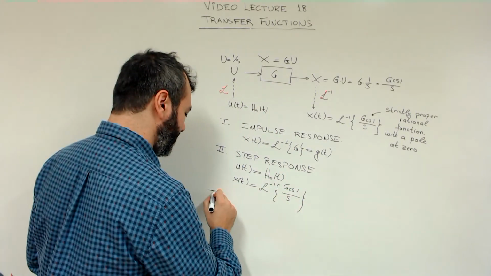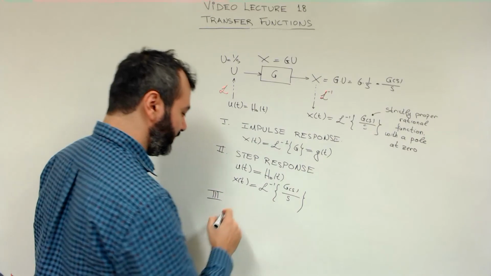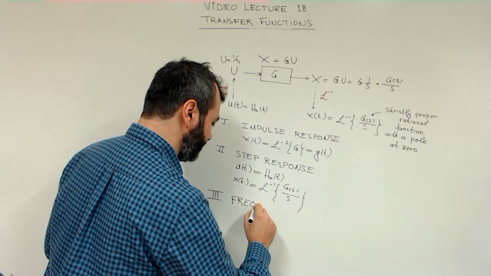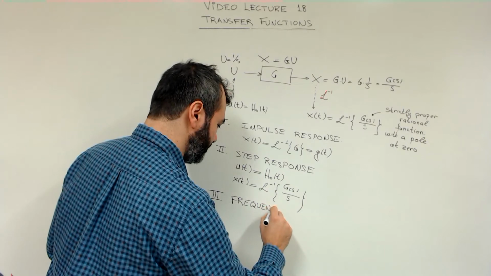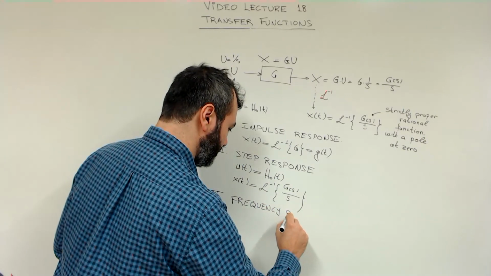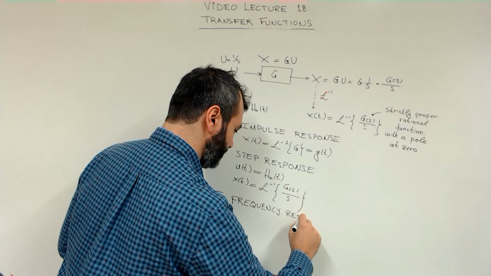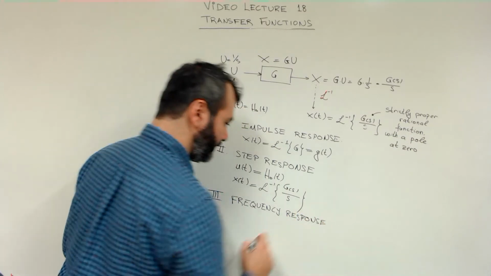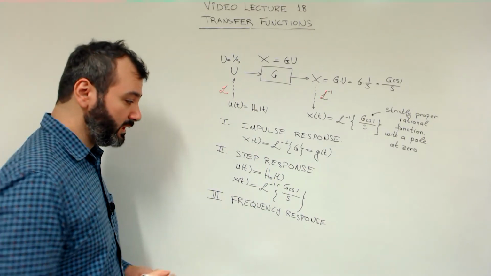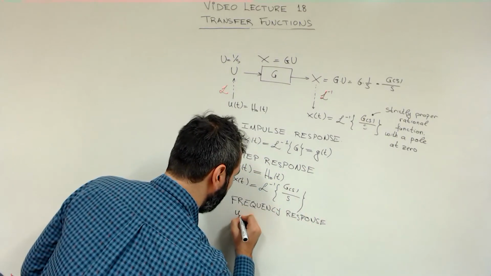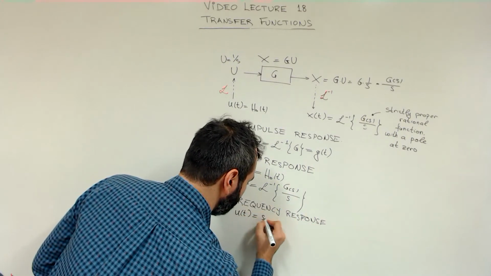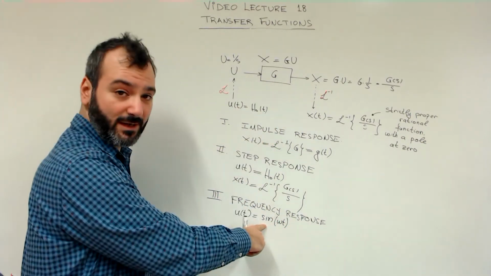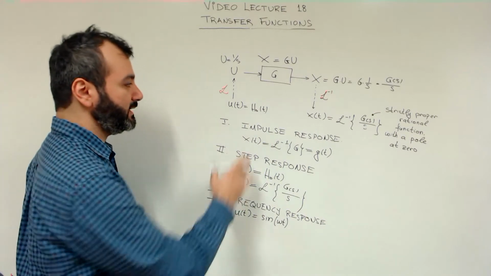There is a third case, and the third case is the frequency response. Now the frequency response is what happens if u of t is a sine function of omega times t.